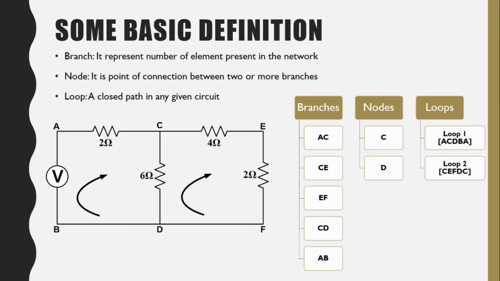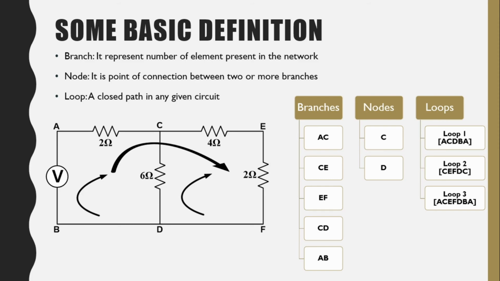And finally, there is a bigger loop which, if you observe, would be A, C, E, F, D, B, A. So it starts from the voltage source, moves forward to the branch AC, then to the branch CE, then to the branch EF, then finally from F to D to B, and finally to A. So this is the third loop.